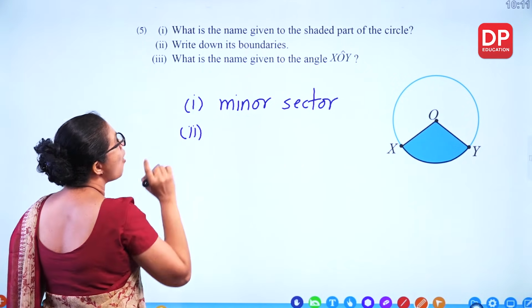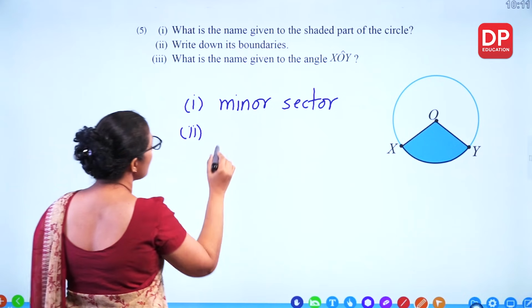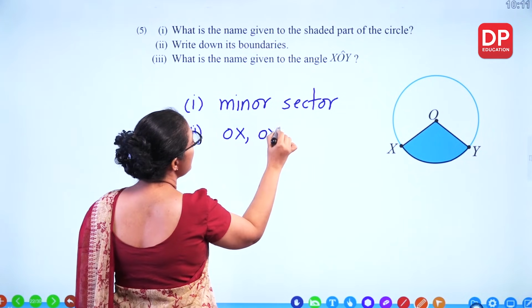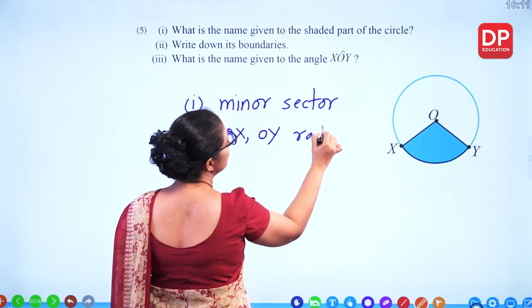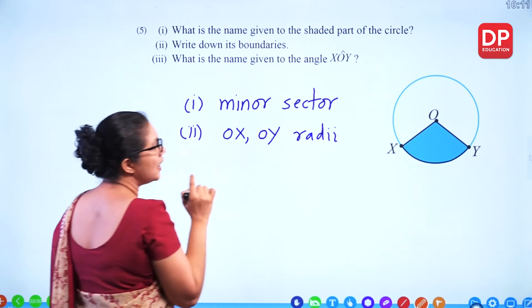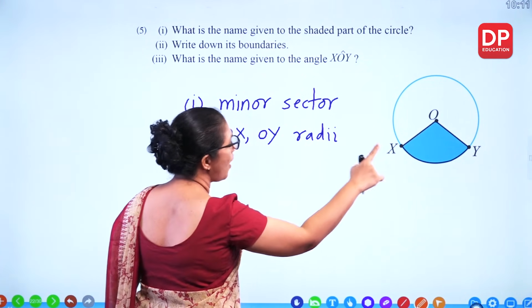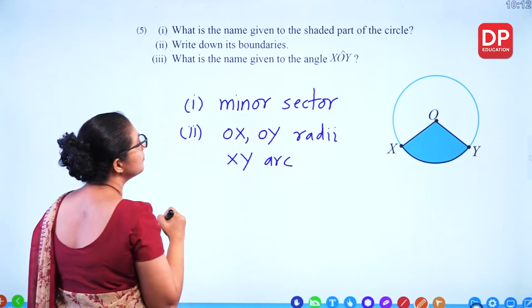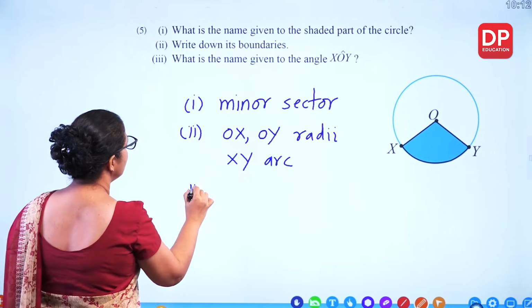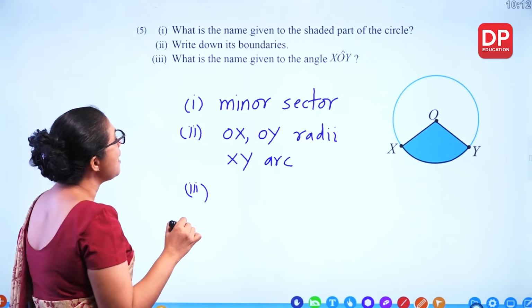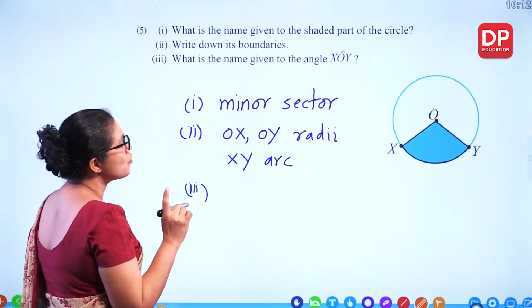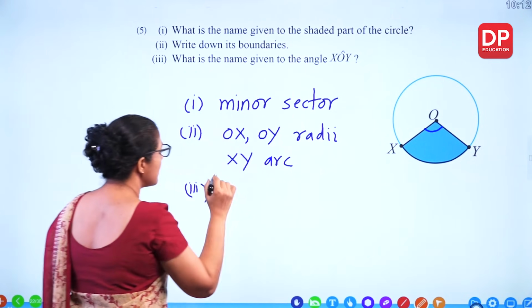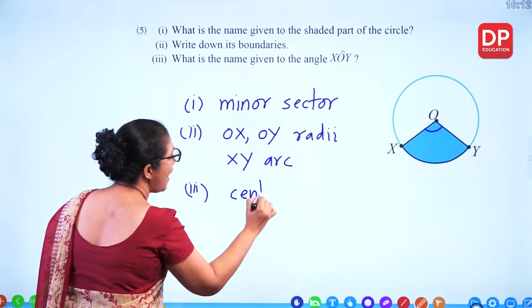Write down its boundaries: OX, OY, radii, and XY arc. What is the name given to the angle XOY? XOY, we say that's the central angle.